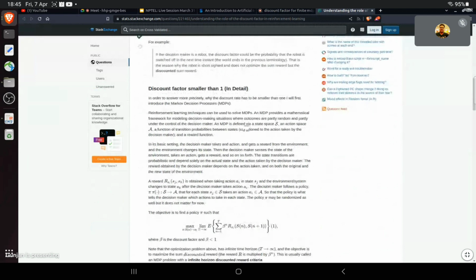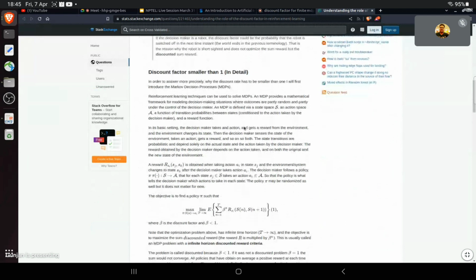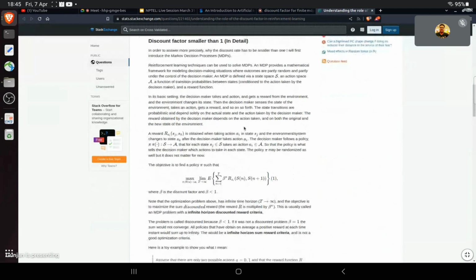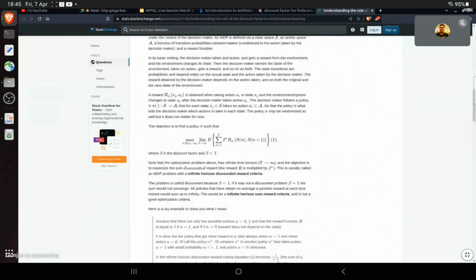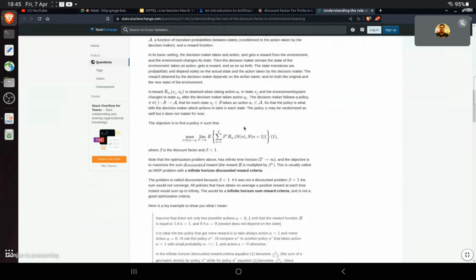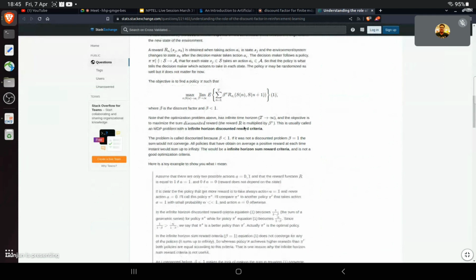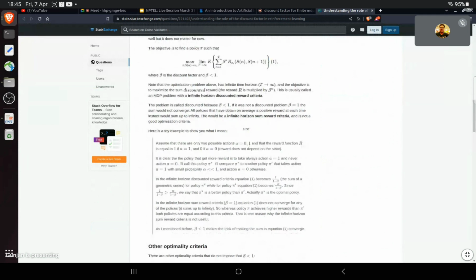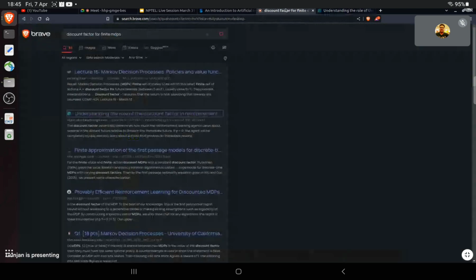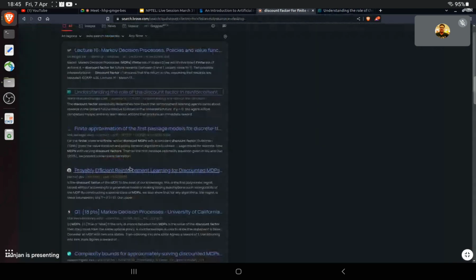Reinforcement learning to solve MDPs provides the mathematical basis. Note that the optimization has infinite time and the objective is discounted reward. This is basically for a finite MDP as such. To the best of our knowledge, this is the first polynomial regret bound.